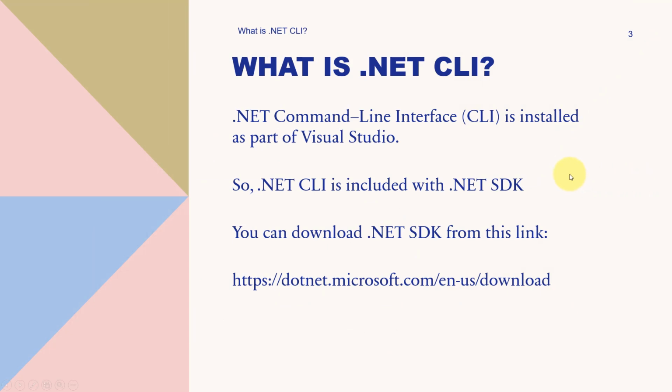.NET Command Line Interface, or CLI, is installed as part of Visual Studio. So, .NET CLI is included with .NET SDK. You can download .NET SDK from this link, as you can see on the screen.